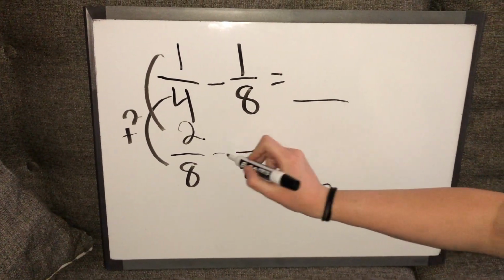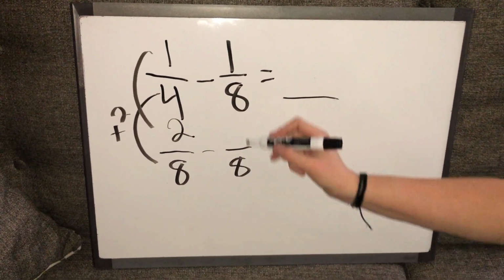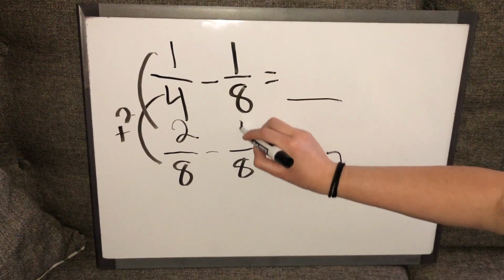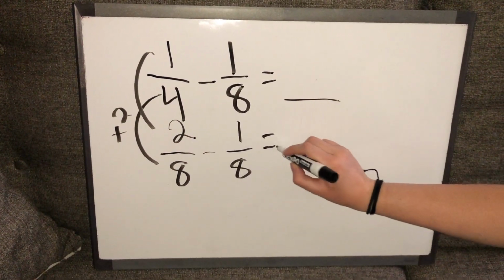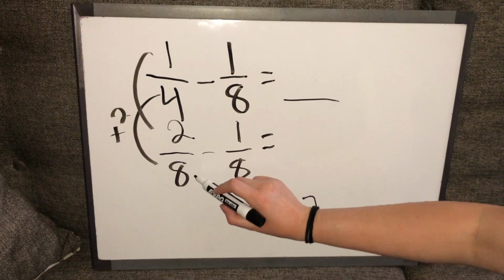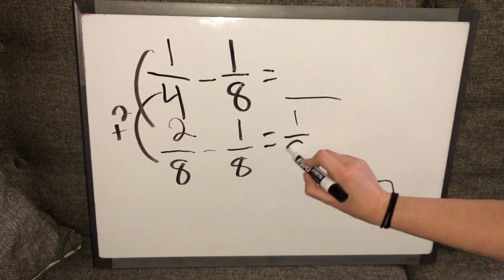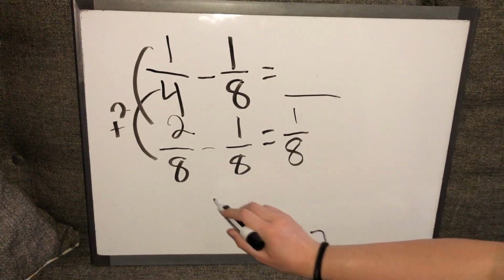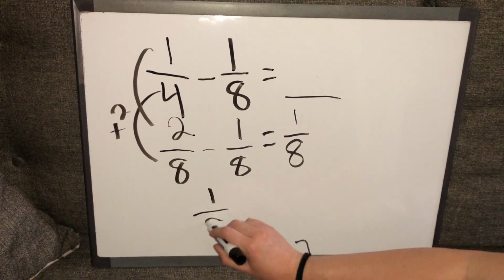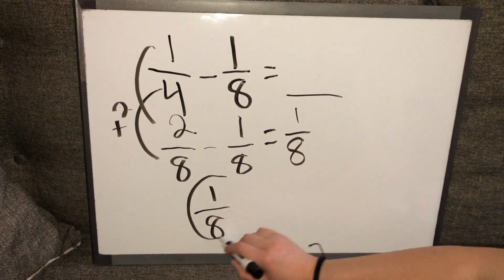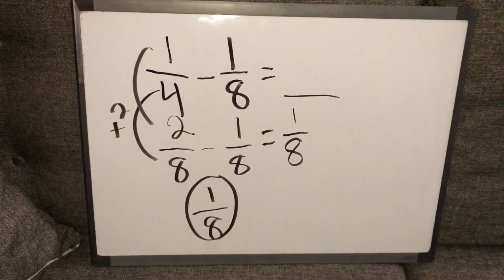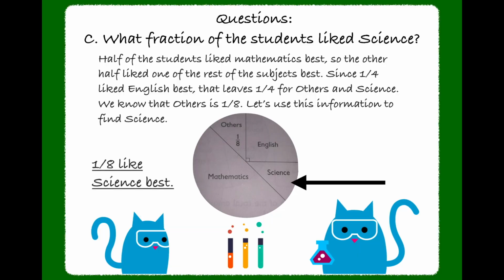Drop down the operation, and since this one's already in eighths, we're just going to bring down our 1 as well. What is 2/8 minus 1/8? Our answer is 1/8. This means that 1/8 of the pie chart is representing science. 1/8 likes science best.